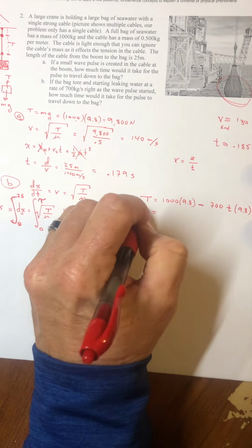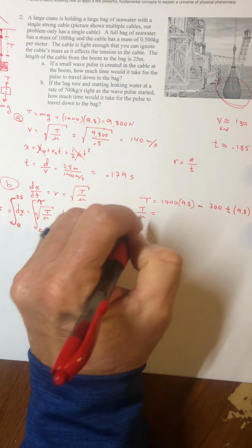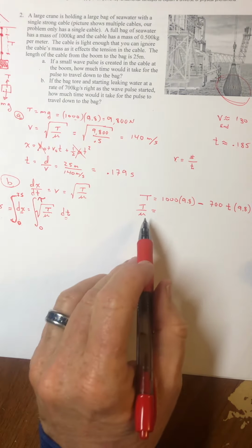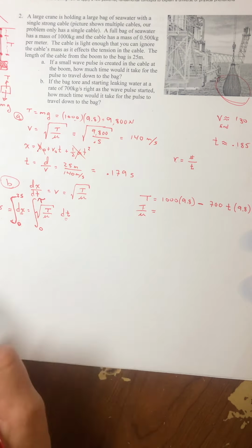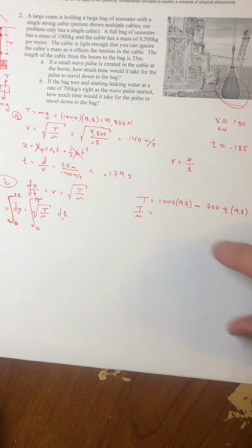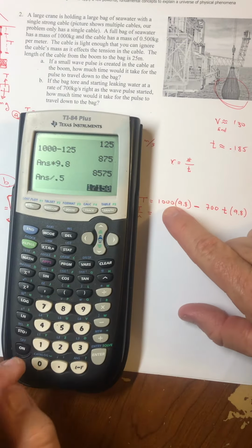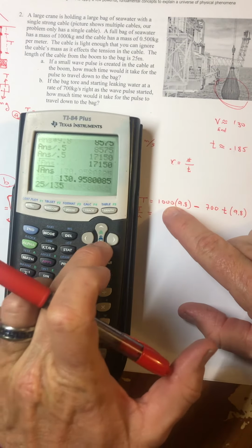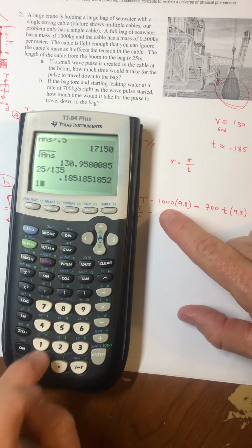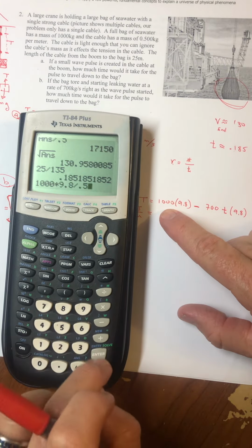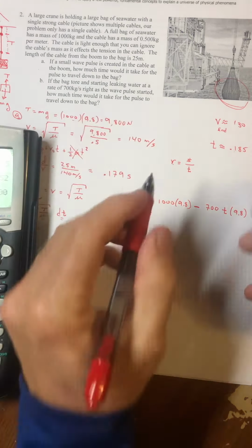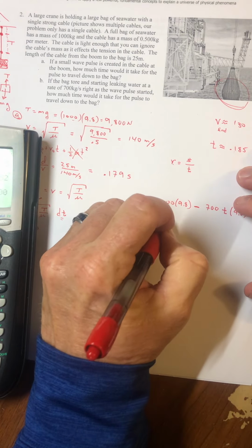Now maybe to just make my math a little bit easier in my calculus, why don't I do the T divided by the mu? Because the mu is the 1/2. So this number would be 1,000 times 9.8 divided by 0.5. So this would be 19,600.